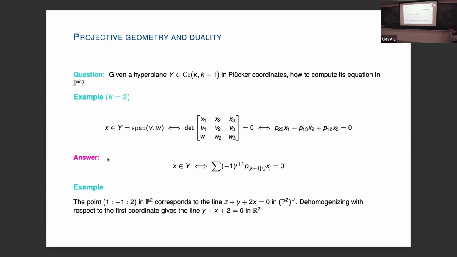So if we take a point in P2, for example the point (1, -1, 2) in P2, it corresponds to the line z plus y plus 2x equals 0 in P2 dual. If we wanted to draw this picture, we could dehomogenize with respect to x, and then the line looks like y plus x plus 2 equals 0 in R2.